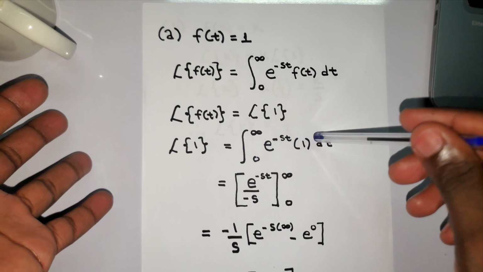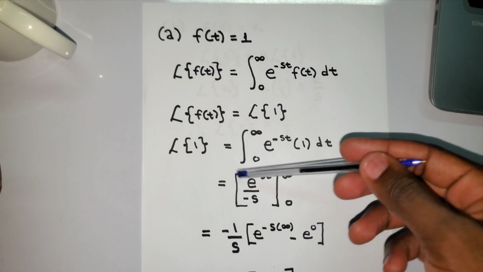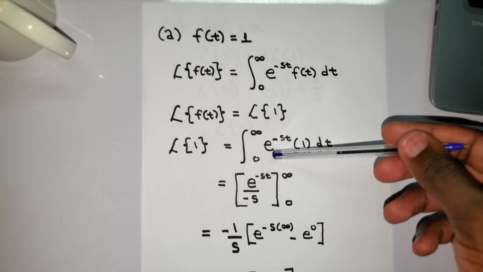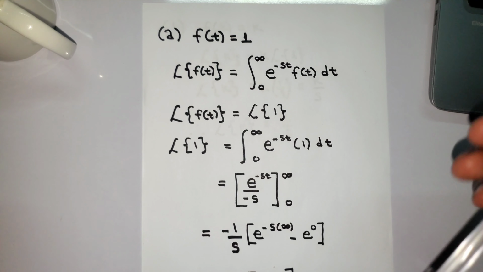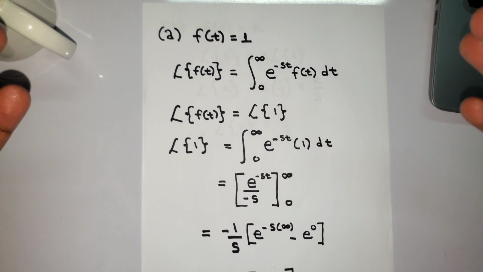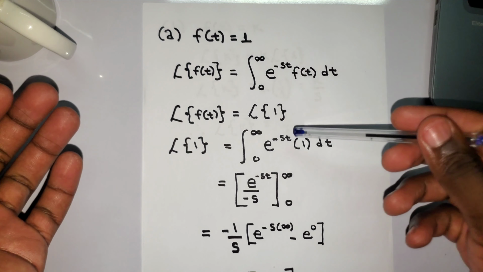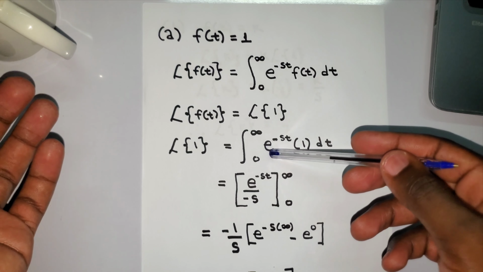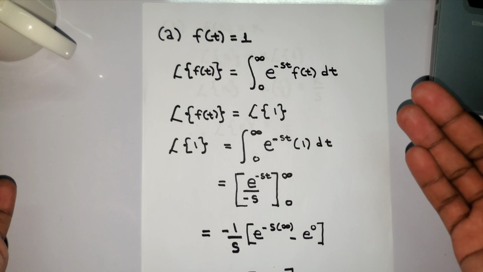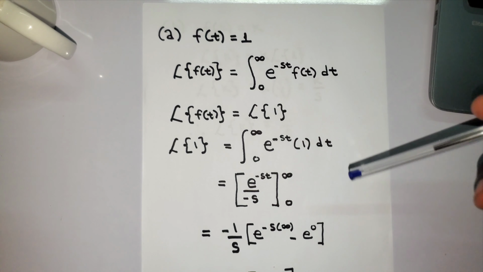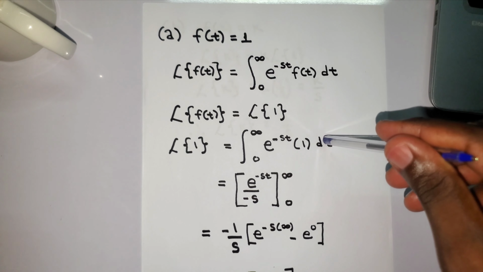If we put a 1 where there's f of t, the function simply becomes an integral of e to the power minus st, where s is a parameter of real values, I believe, with respect to t.